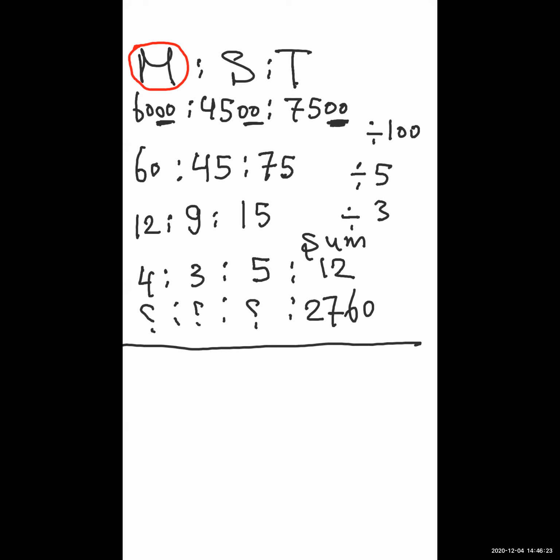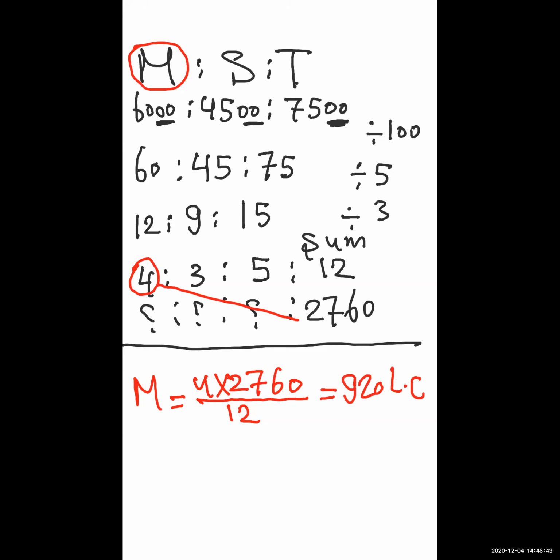Yes, Maher will equal, where is Maher? This one, 4 times 2,760 over 12. So Maher lost 920 pounds.